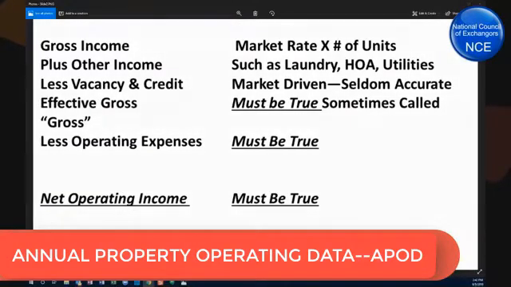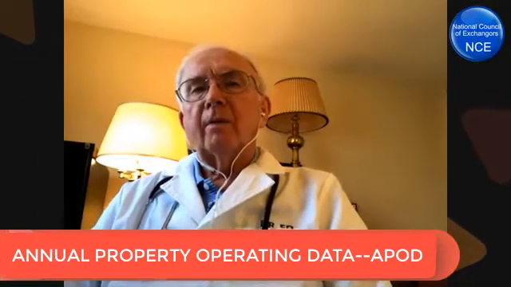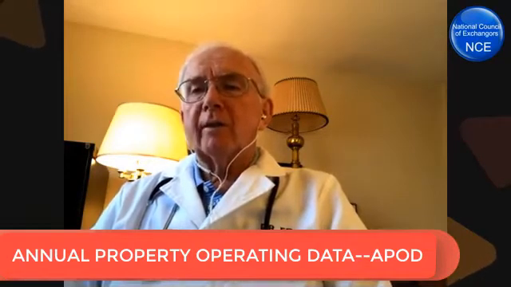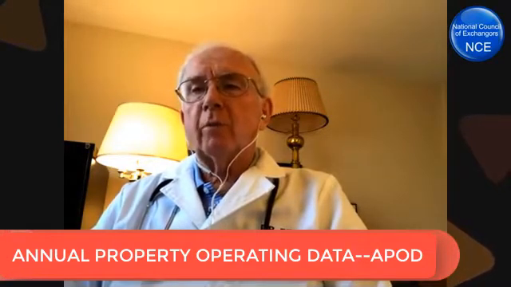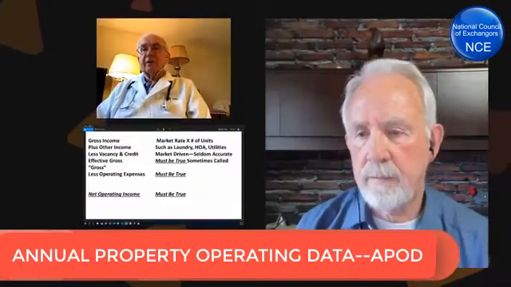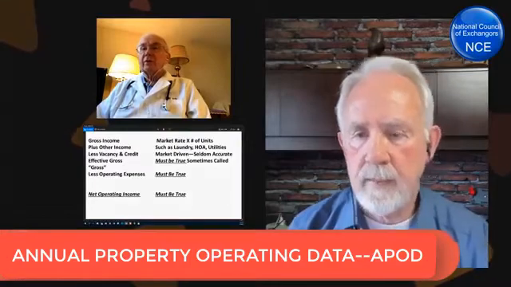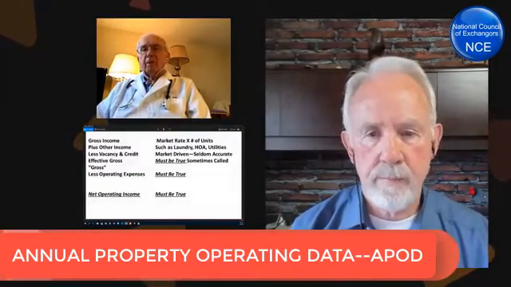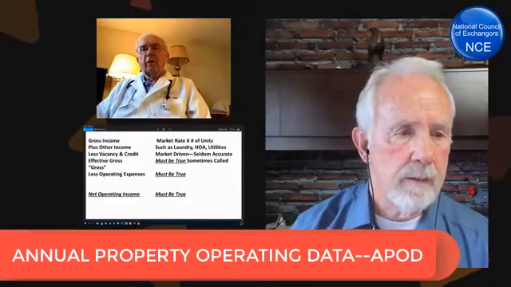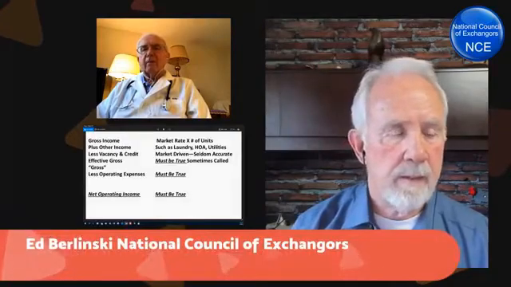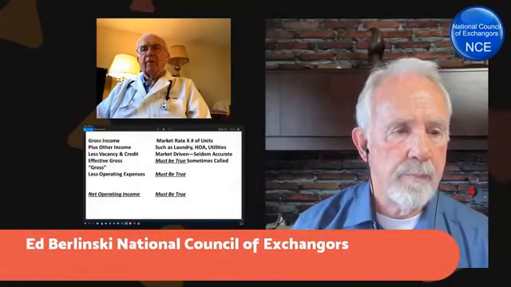Well, I think it goes back to the suggestion for all investors and for all brokers who may be involved in a listing presentation with a person who wants to sell their multifamily home: it's absolutely critical that you attack every line item of the APOD.